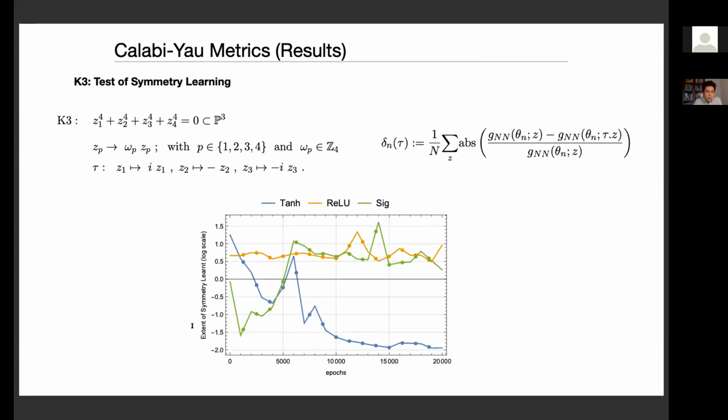So this is what we obtained. We saw that the tangent hyperbolic was the one exhibiting the best behavior in terms of training and testing errors. And you see that the extent of symmetry learned decreases by roughly 2 orders of magnitude as training evolves.